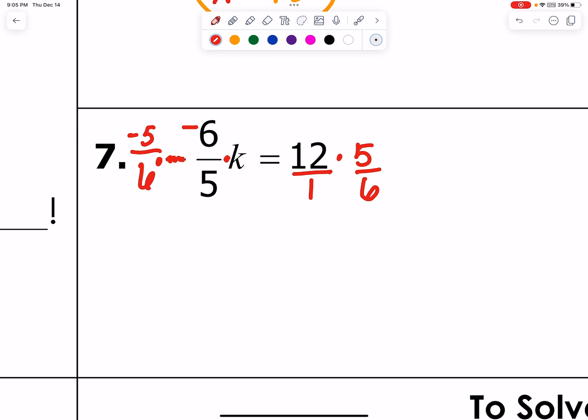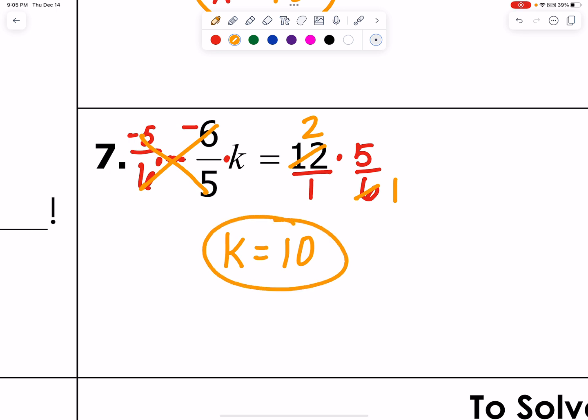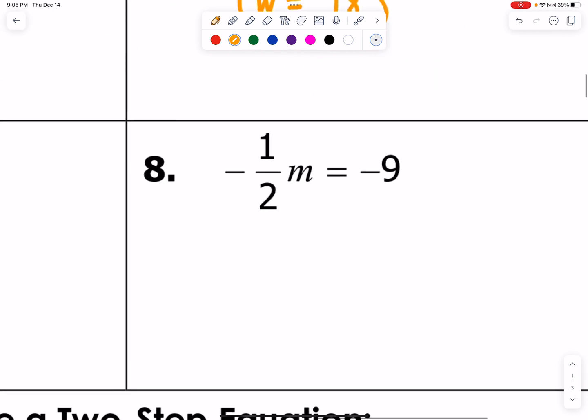All right, now let's go ahead and all this cancels out and is one whole. And we're left with k equals, we can cross simplify here, divide by 6 and divide by 6. There's a 1 down here and a 2 here. So 2 times 5 is 10. Okay. All right, and there we go. We're done with that one.